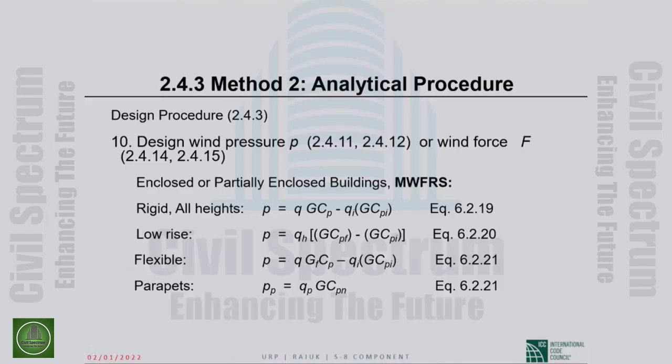It is all q sub h, all faces. And the G times C sub P is now G times C sub pf. It is a lumped together value that is given in the tables that I skipped. And the internal pressure term is as before, no change from here to there. This is what is different for low-rise buildings, the so-called low-rise analytical procedure.